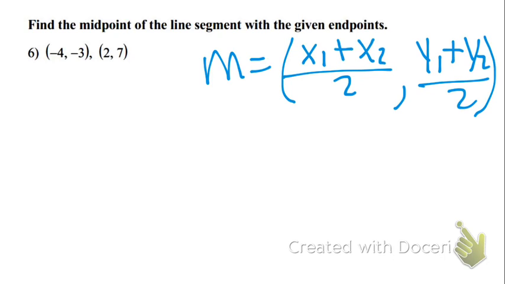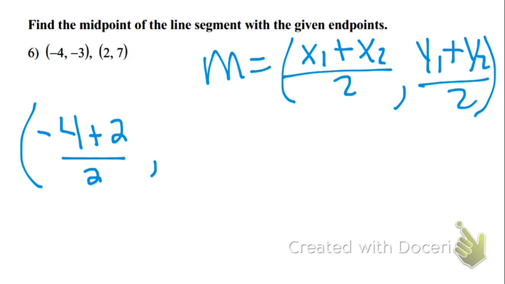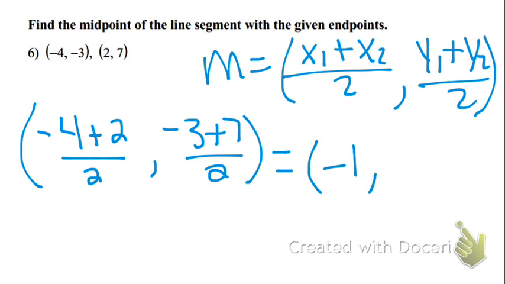So remember, since it's midpoint, your answer will be a point. So if we plug in negative 4 plus 2 divided by 2, and negative 3 plus 7 divided by 2, we know negative 4 plus 2 is negative 2, divided by 2 is negative 1, and negative 3 plus 7 is 4, divided by 2 is 2. And that's it.